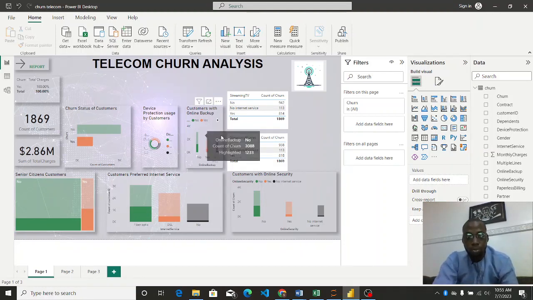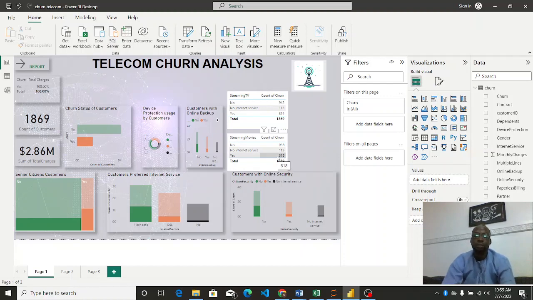Even though there are more people that do not use their internet service for streaming movies and streaming TV, there's a high number of people that use the internet to stream movies and stream TV. That means they really make use of the internet aggressively. That's the insight.